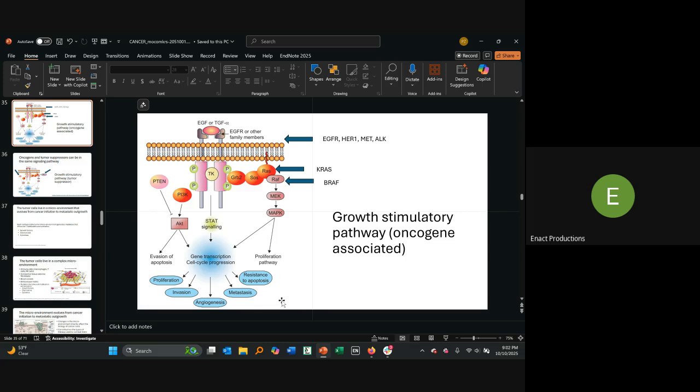Now, some other conventions here. Below that, after RAS, you see RAF, MEK, MAPK. The arrows, by convention, are probably talking about promote, or activate. It's a positive activation. The one example on the left, P10, you see that flat line.